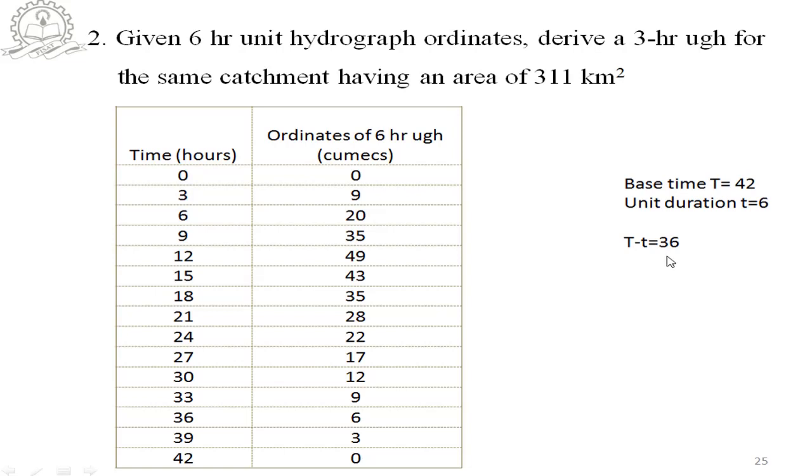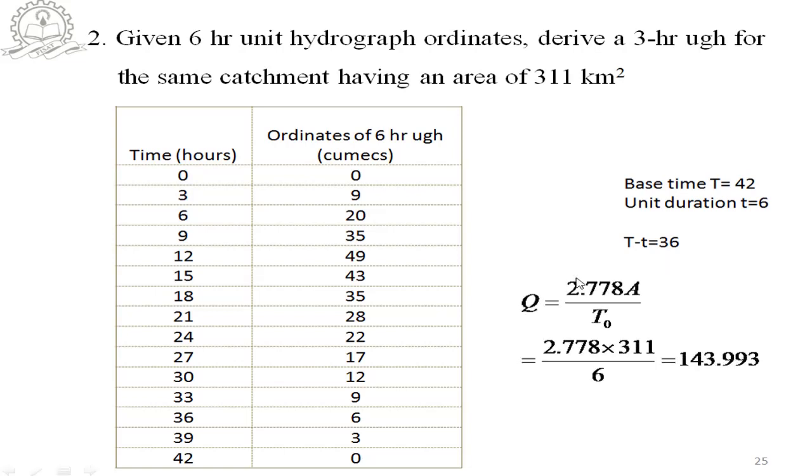First we will calculate the constant flow using the equation Q is equal to 2.778 A divided by T0, where T0 represents the longer duration. So we are getting it as 143.99, that is 144. Here we have to lag the hydrograph up to hour 36.